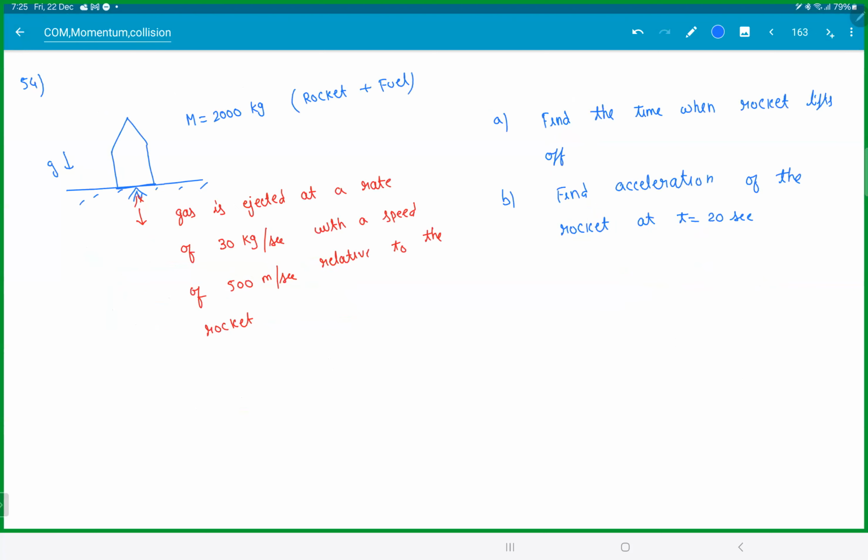Let's get this. Initially, rocket is at rest.